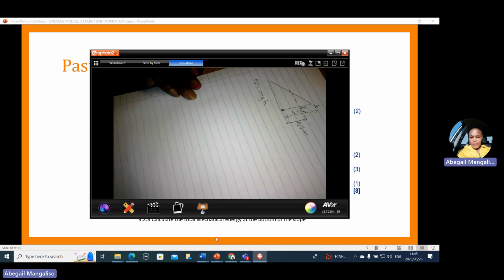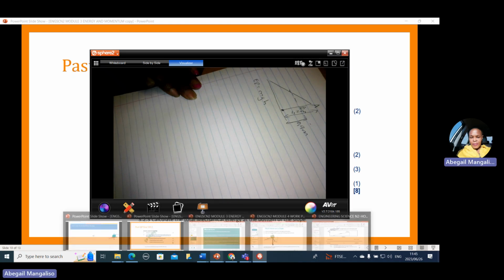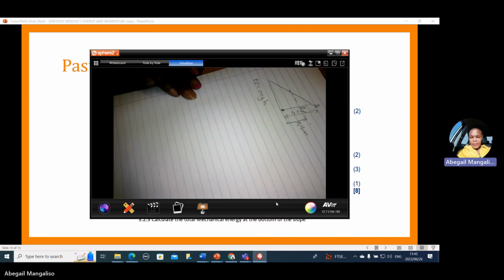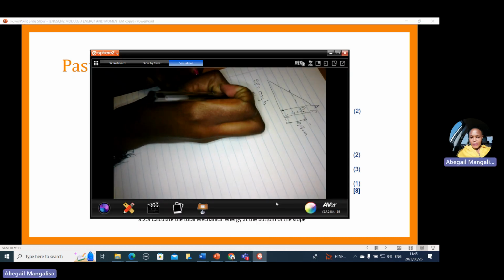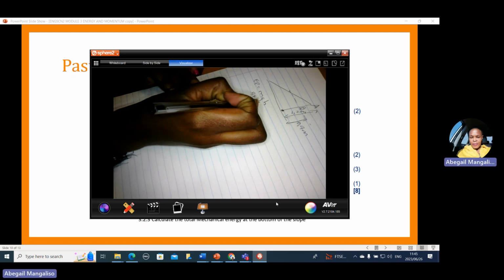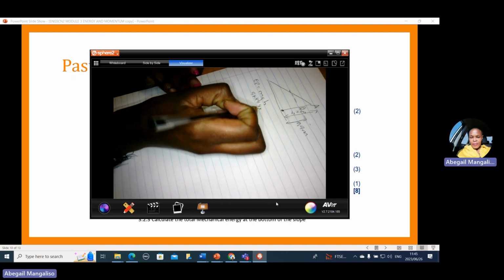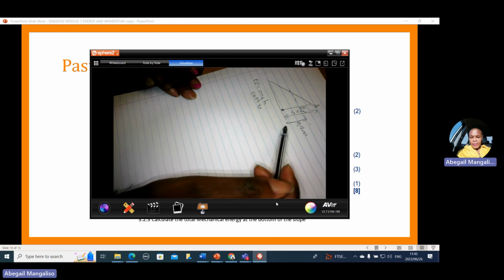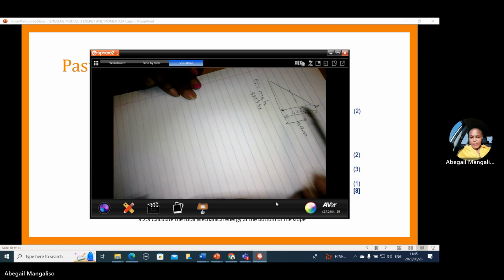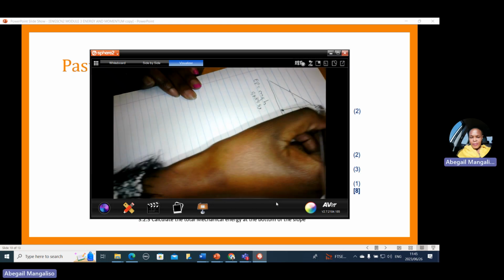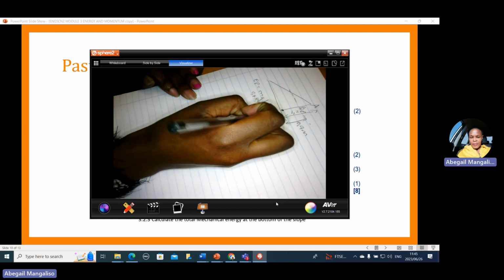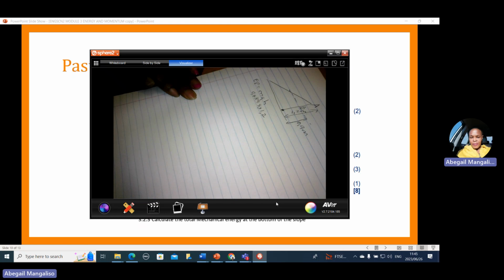The mass of the object is given as 0.4, so where there is m, we put 0.4. g is 9.8. For the height, we don't need to use sine, opposite over hypotenuse, because this side is given. So we just use 1.2 as it is, because it is the height at point A. You multiply by 1.2, then use the calculator to get the answer.